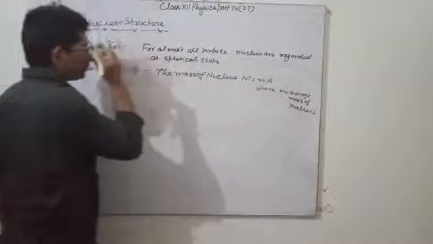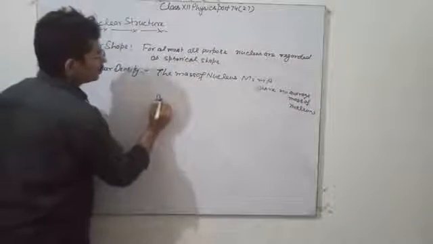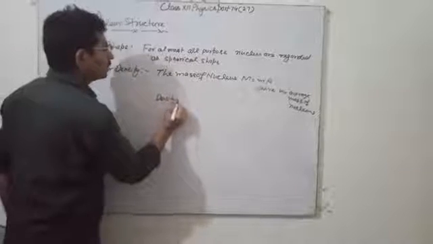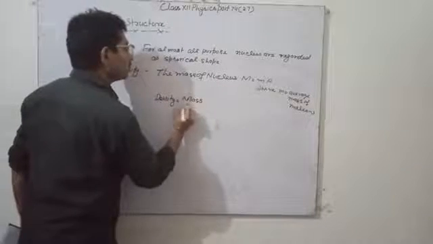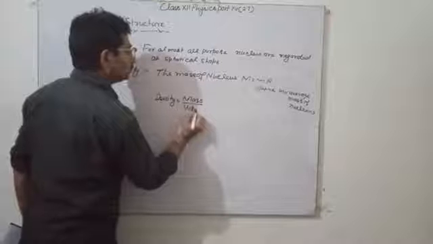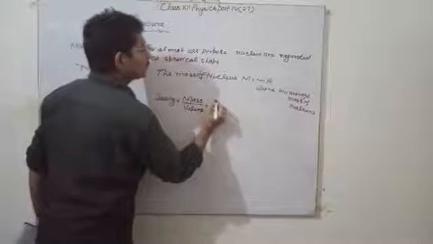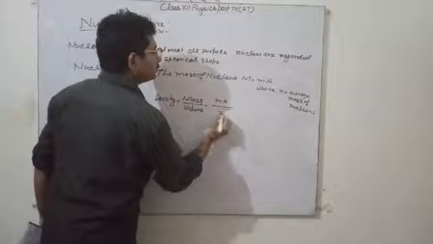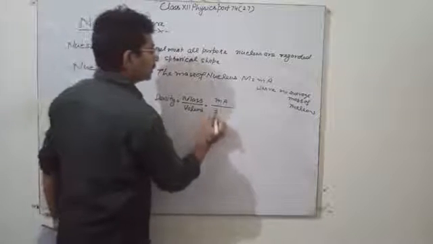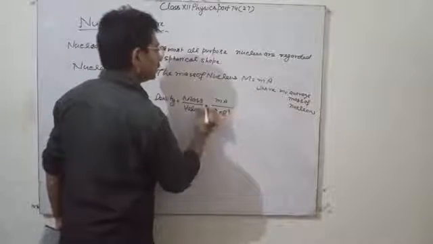Therefore, density equals mass upon volume, which is mA upon 4 by 3 pi r cube.